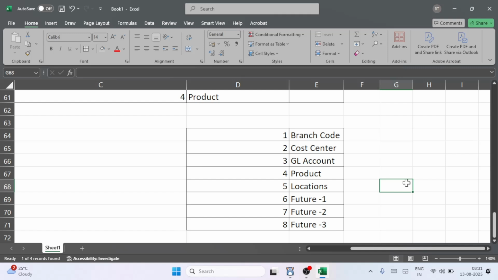Tomorrow, if company has entered and diversified the business into another products and acquired a new business, so we can use these three segments: future one, two, three.